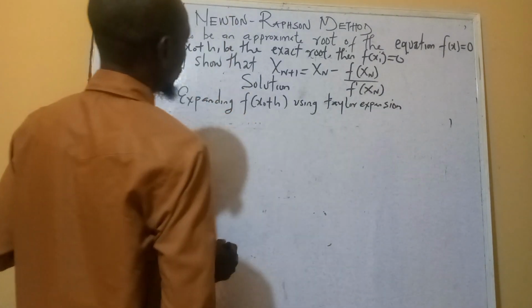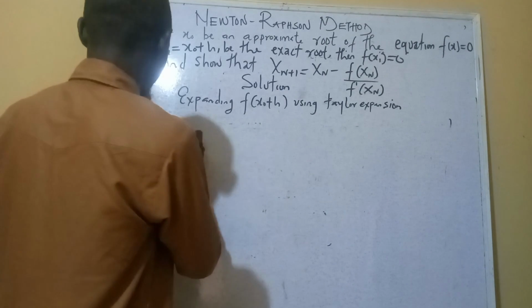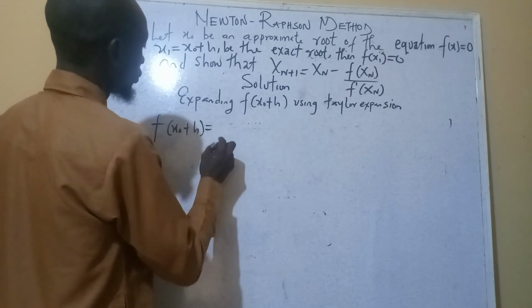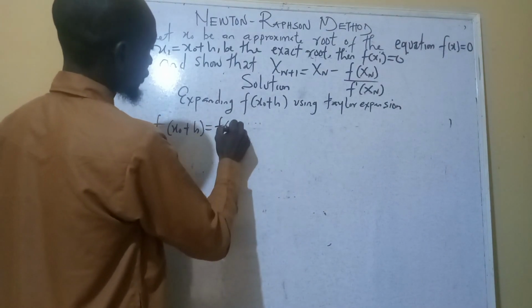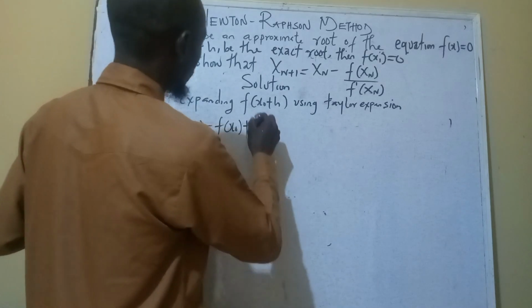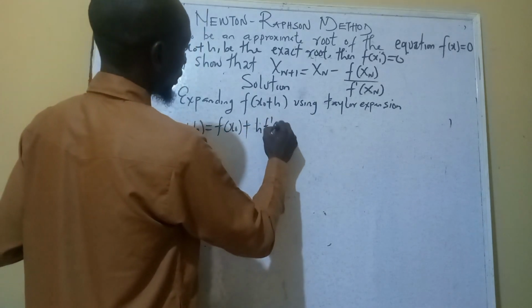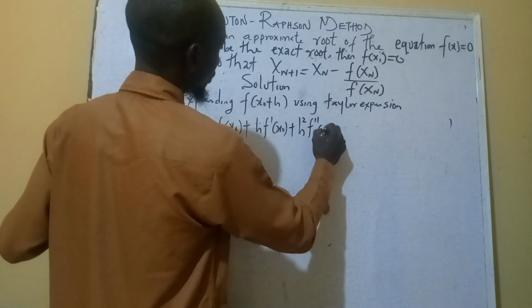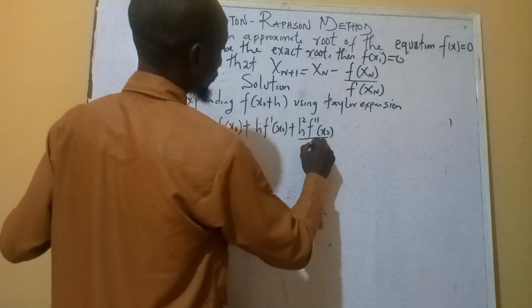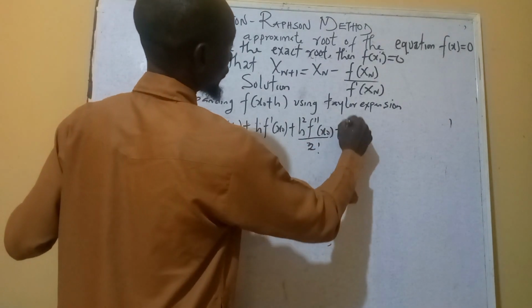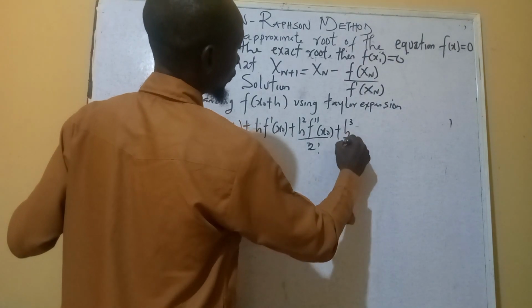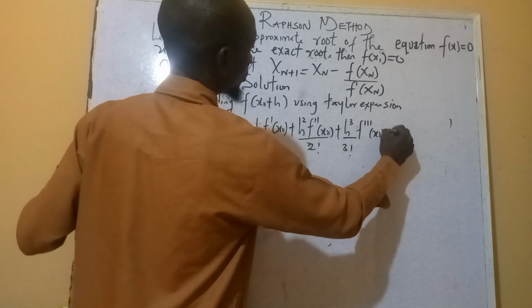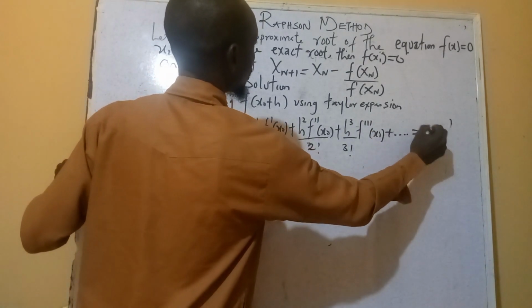Okay, now we are going to start. So f of x naught plus h equals f of x naught plus h f prime x naught plus h squared f double prime x naught over 2 factorial plus h cubed over 3 factorial f triple prime x naught plus and so on.